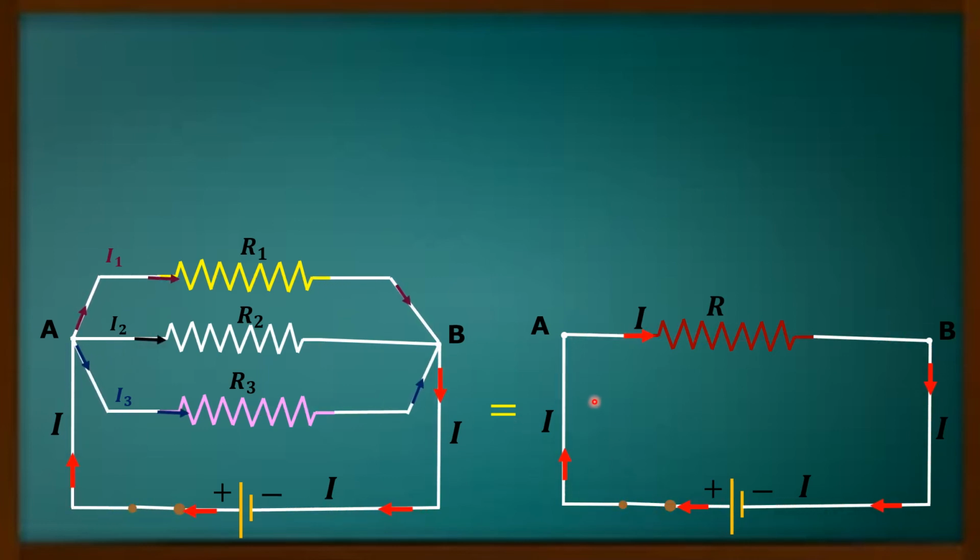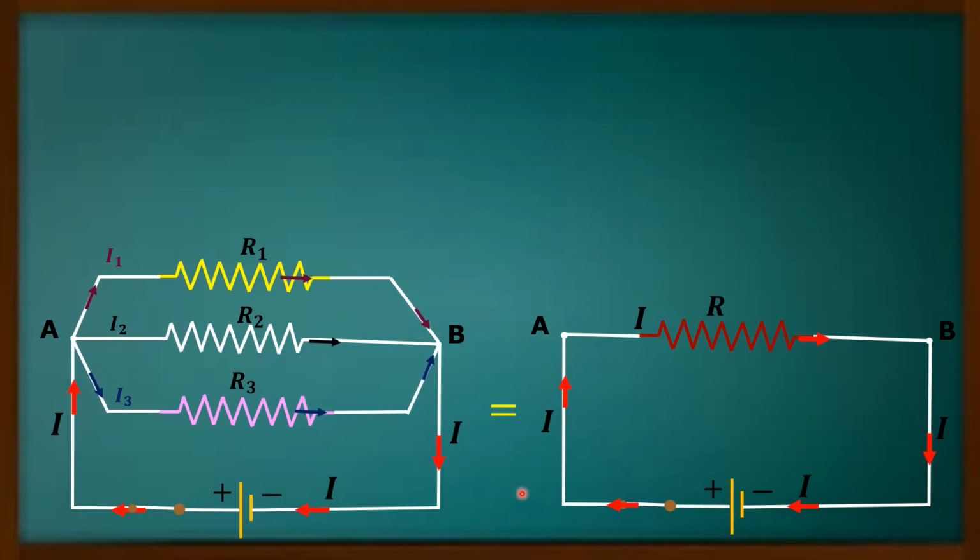The only difference is that here three resistors have been connected between A and B, whereas between A and B only a single resistor whose resistance R is connected. So the resistor R draws the same current I from the battery as these three resistors are drawing.